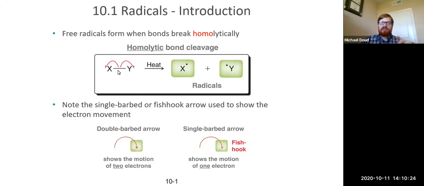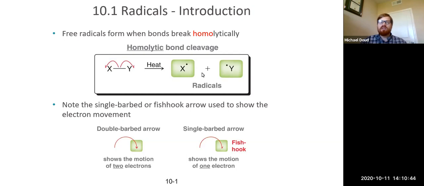So what this diagram is saying is this pair of covalent electrons is going to split up. One of them is going to go to the X side, so you just draw a little fishhook arrow or a half arrow. And then one of them is going to go to the Y side, so that also gets a fishhook arrow there.